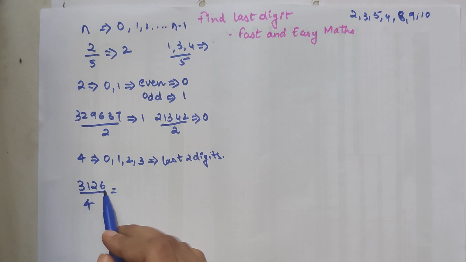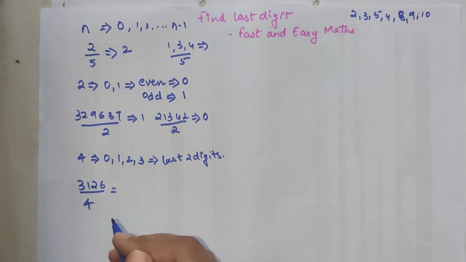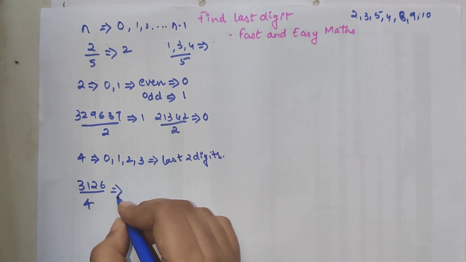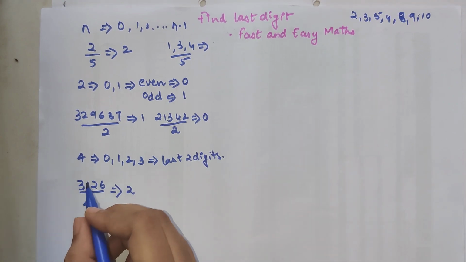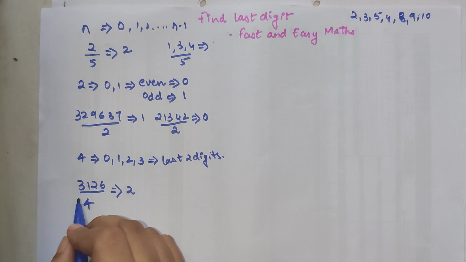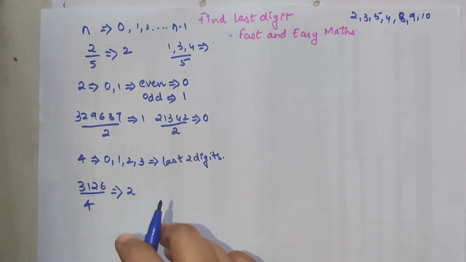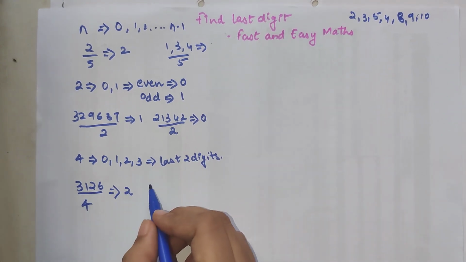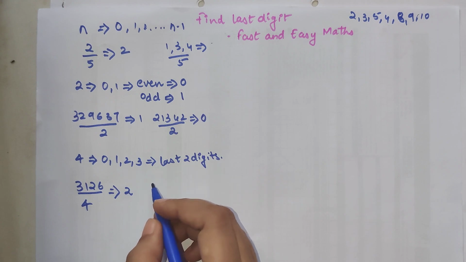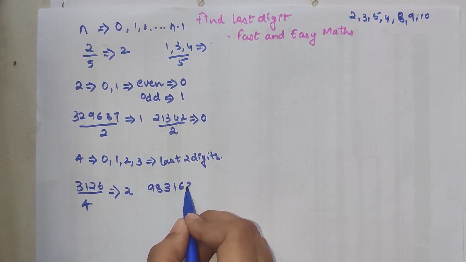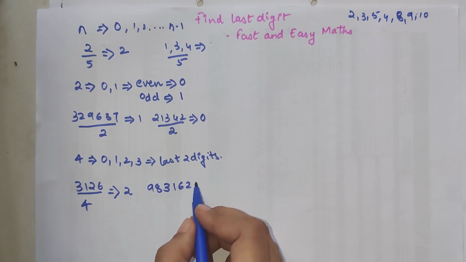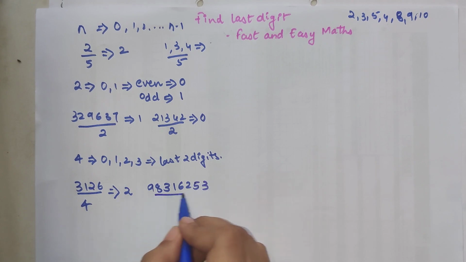So now you have the last 2 digits as 26, and when you divide 26 by 4, my remainder becomes 2. Okay, if you have doubts, you can directly solve the whole division and you will still get the remainder as 2. Then the next number which I can give you is, let me give you a big number now, 983162 53.